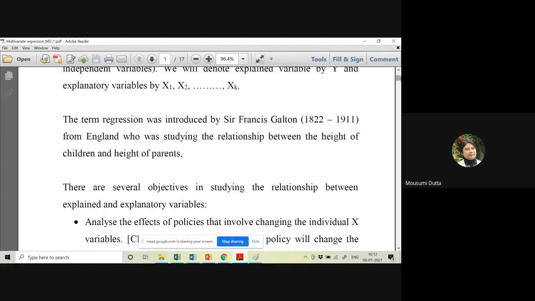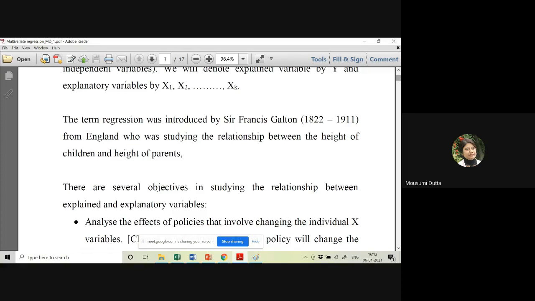On the left hand side we have the dependent variable, which we also call the study variable. The explanatory variables, sometimes called control variables, are on the right hand side.